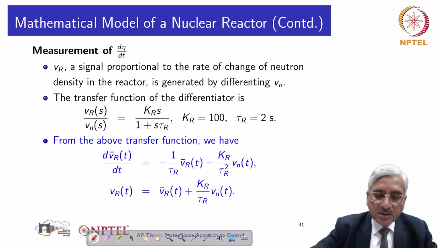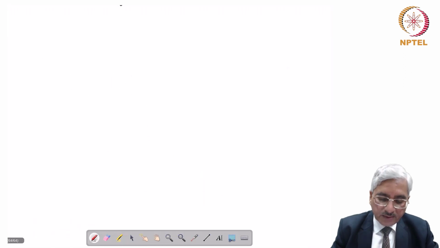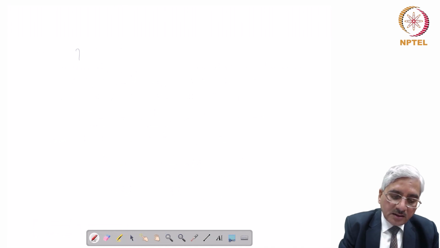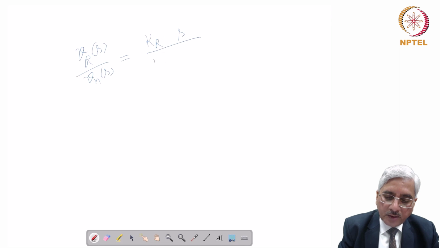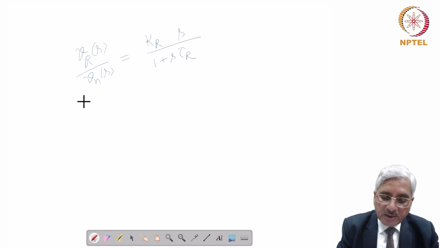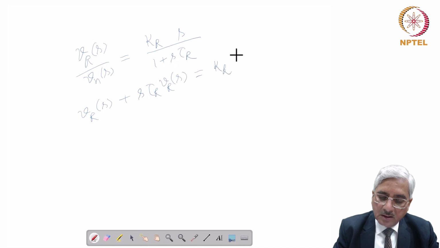So what we do is, let me just indicate here that Vr by Vn, it is Kr S by 1 plus S tau R. Now we cross multiply, so Vr(s) plus S tau R Vr(s) will be equal to Kr S Vn(s).